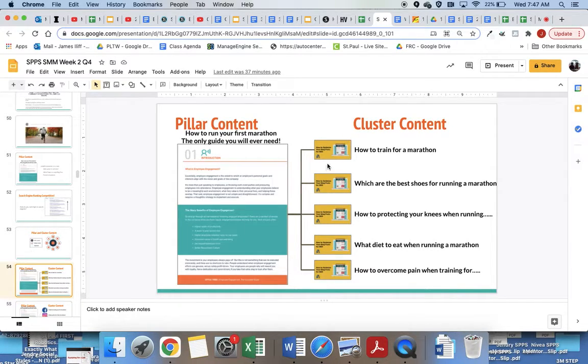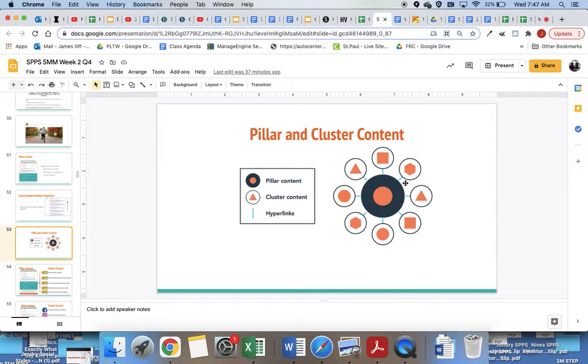So you can see these are much more detailed, maybe a little bit shorter pieces that stem from this bigger piece. But they're all linked. So these lines indicate that there's an actual link. Someone is reading this, they can click on this and it'll bring them here. They can click here and it'll bring them here.